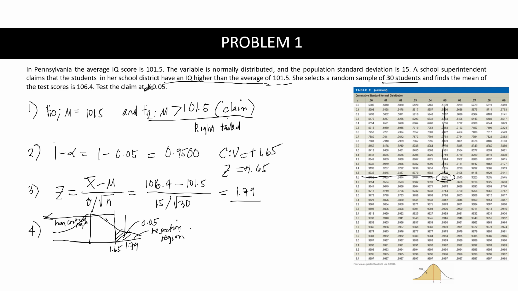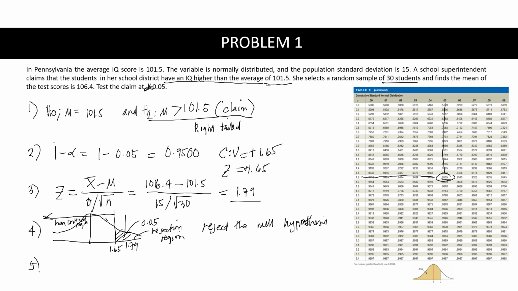We reject the null hypothesis because the test value, 1.79, is greater than the critical value, 1.65. So therefore the decision is to reject the null hypothesis.